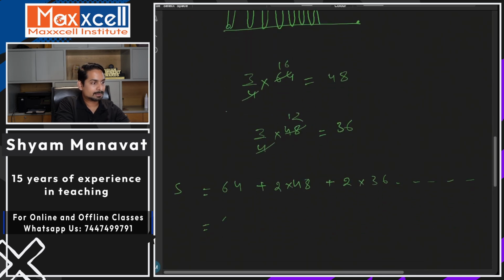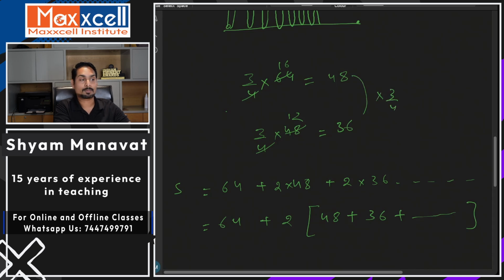64 is as it is. I can take 2 common from all, and then I have 48 plus 36 plus so on. Now, from 48 to 36, we got this when I multiplied by 3/4. The next term again will be multiplied by 3/4.